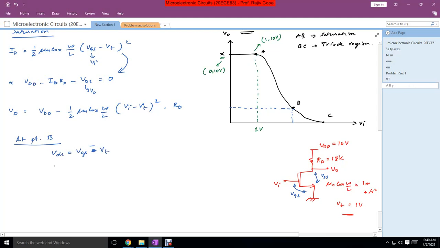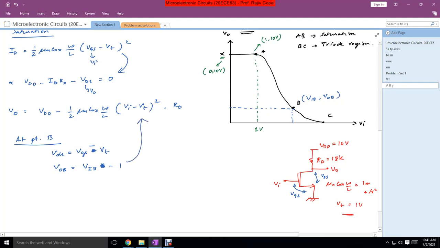So VOB is equal to VIB minus 1. The coordinates of point B I will designate as VIB comma VOB. B indicates point B, VI indicates the input side, VOB indicates the output voltage. So you substitute this in this equation.